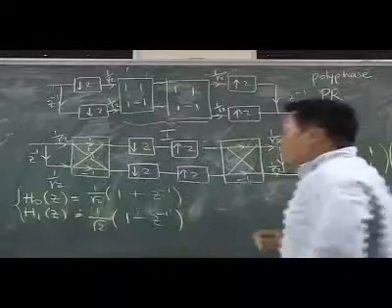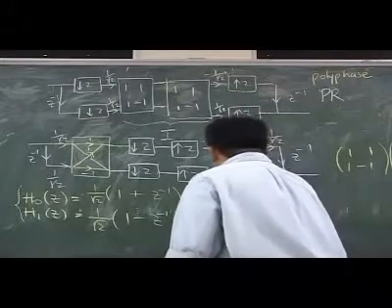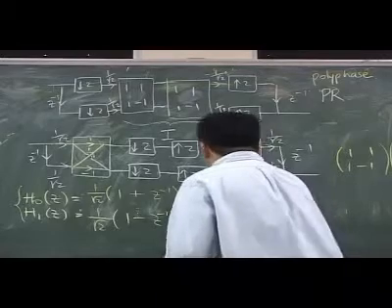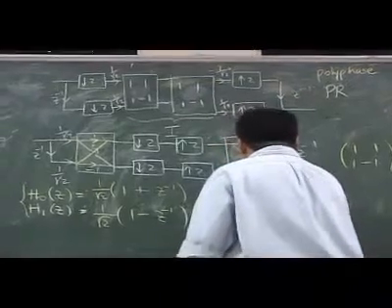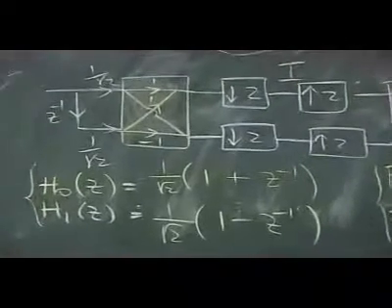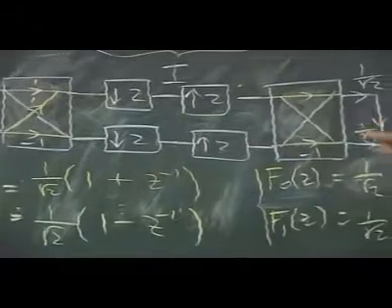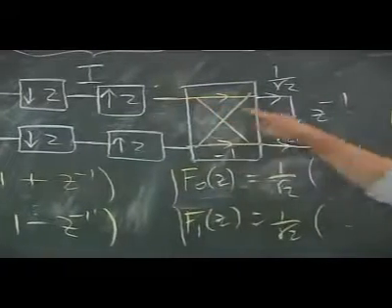Okay. What is F naught of Z? And F1 of Z. F1 is square root of 2. So what is the transfer function from upsampler to the output?